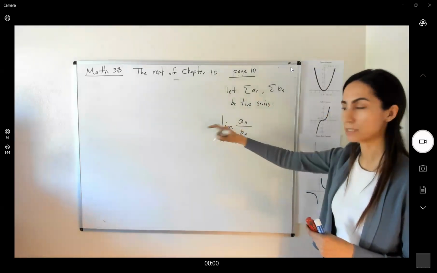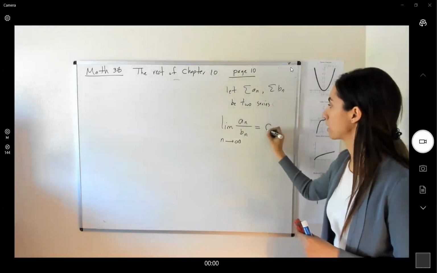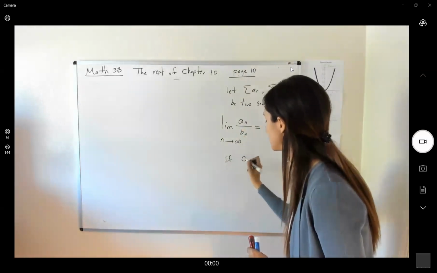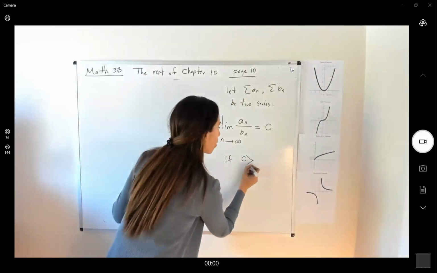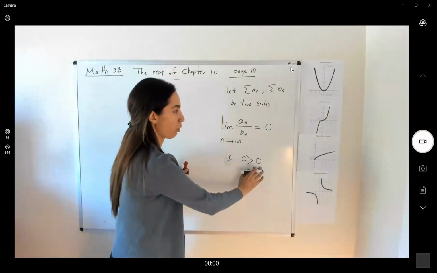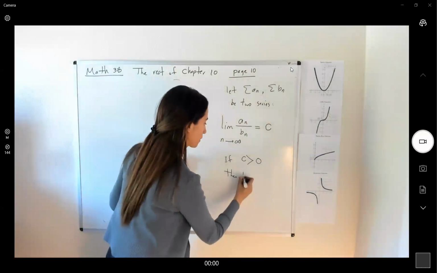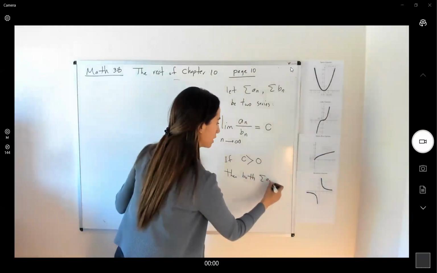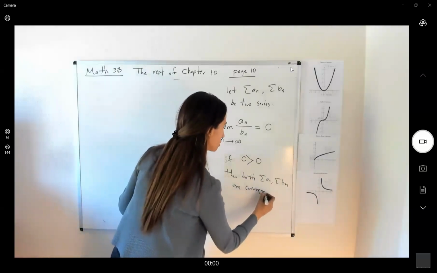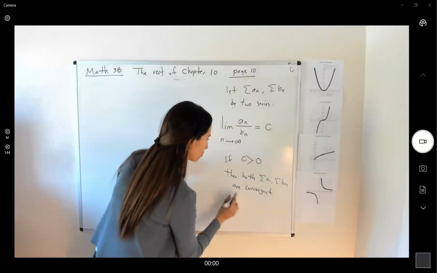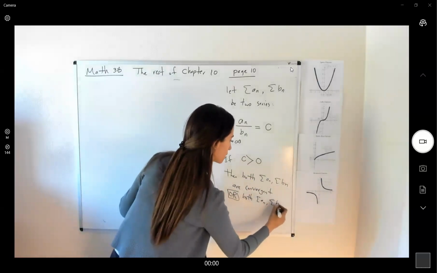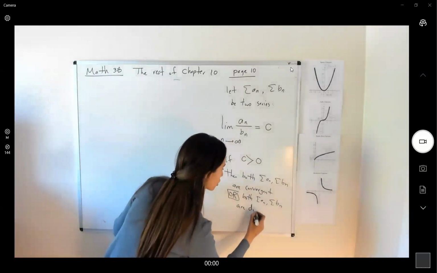If you take the limit, and if this limit is equal to a constant like c, and if c as a constant is positive, then both sigma An, sigma Bn are convergent, or both sigma An, sigma Bn are divergent.